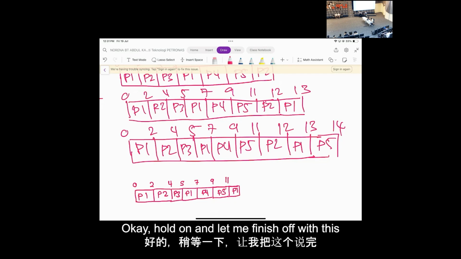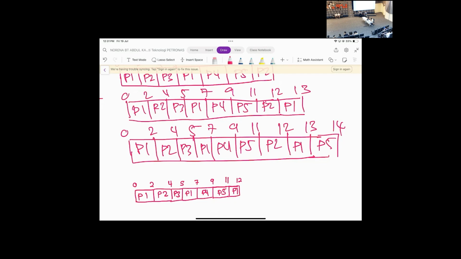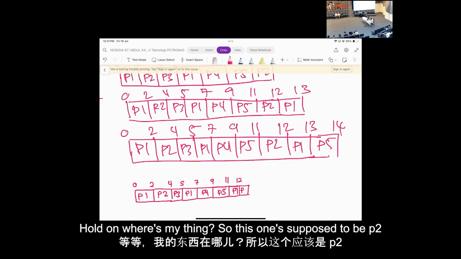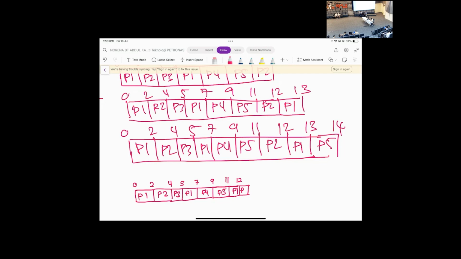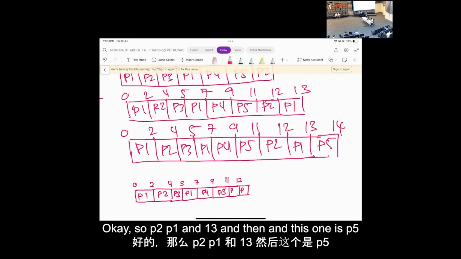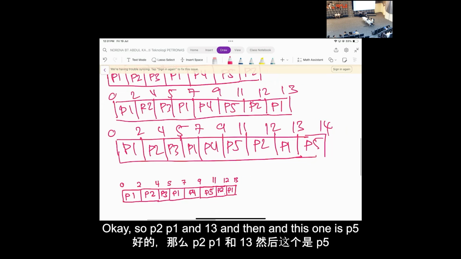Hold on, let me finish off with this. Then you have P1. So this one's supposed to be P2. Okay, so P2, P1, and P3. And then the last one is P5.